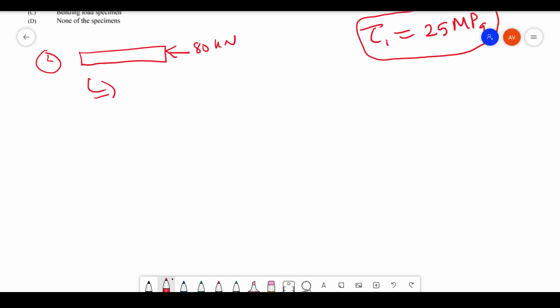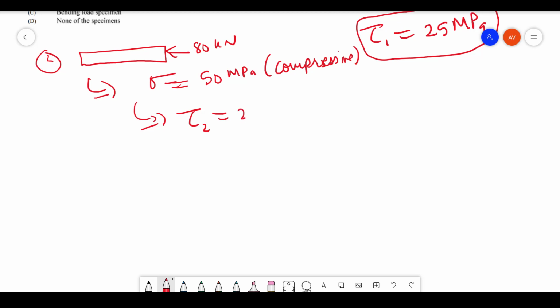So without wasting much time, you can directly write your sigma to be 50 MPa. In this it is compressive. So from here again you will get your tau 2 to be 25 MPa.